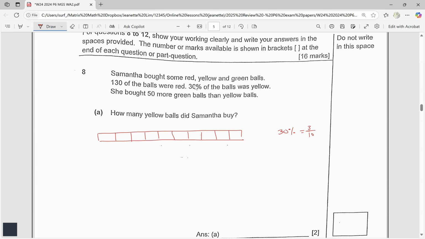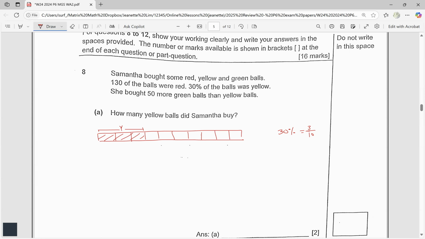130 of the balls are red, but I don't really know how much 130 is. So I'll differentiate the yellow balls first, because that's 3 units. Then we look at green. Green is 50 more than yellow.